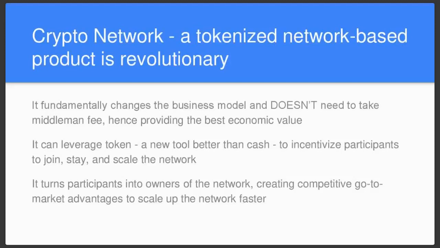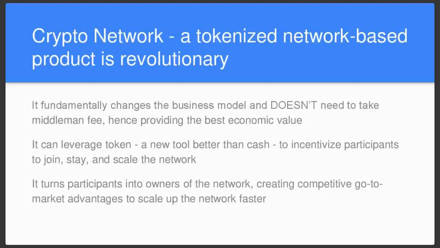You have other types of tokens, for example asset-backed tokens like real estate, where you tokenize real estate. Those tokens can also be good, but I would consider them an evolution instead of a revolution, in the sense that fundamentally they don't change the business model, and the tokens won't appreciate very fast.